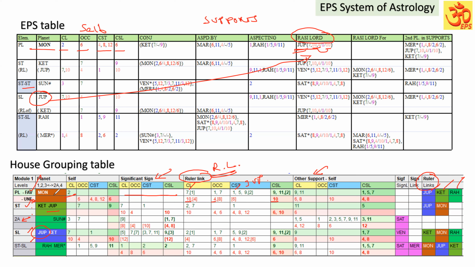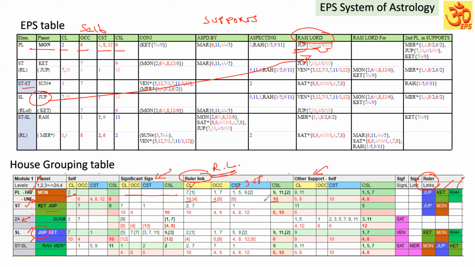It means what? For the Moon planet, significant sign lord, and if it has any ruler link planets, their houses will be shown combinedly in the ruler's link column.